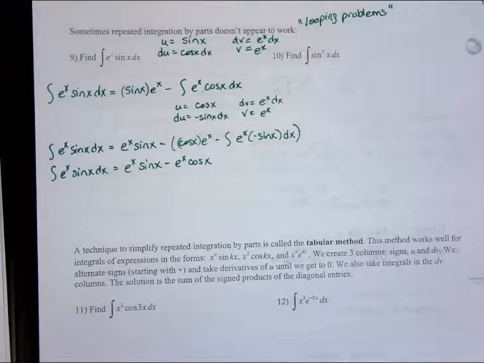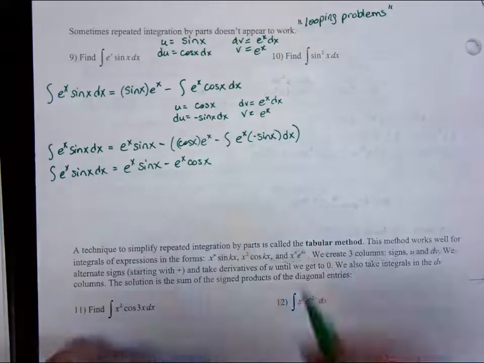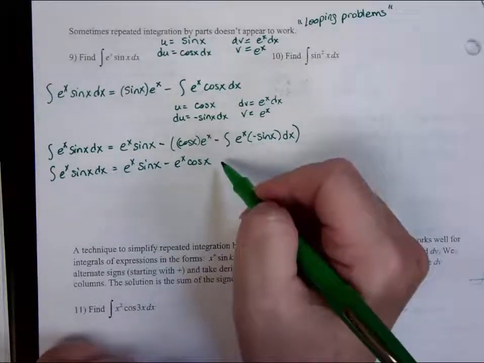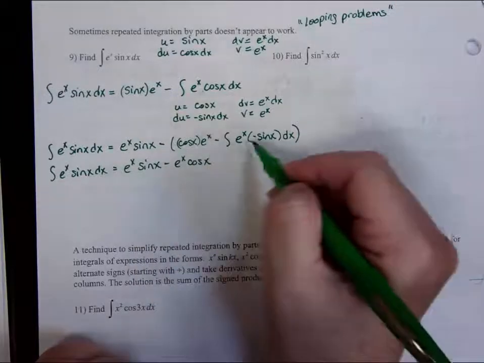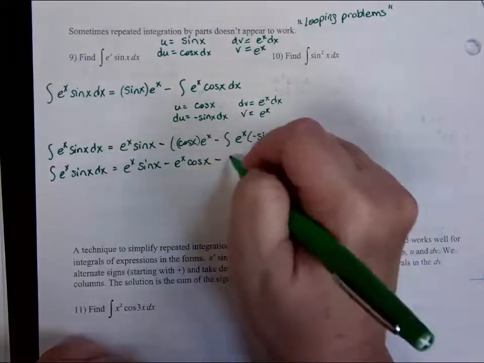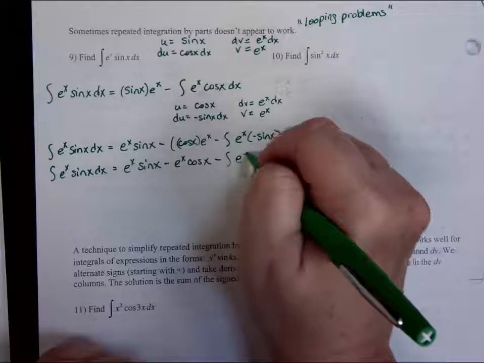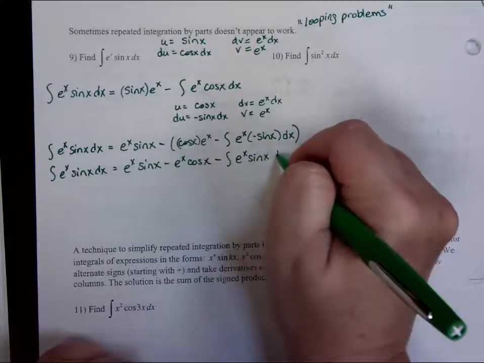Now look very carefully. What is the sign going to be in front of the integral on the end? How many negative signs do you see? It's going to be negative if you pull this one out. Are you with me? A negative times a negative is a positive, but you pull that one out, and it turns it negative again. So minus integral e to the x sine of x dx.